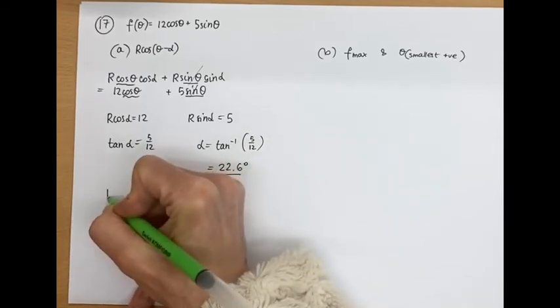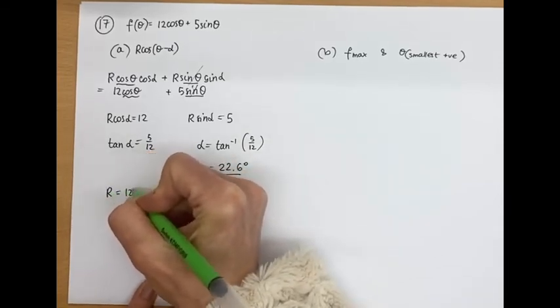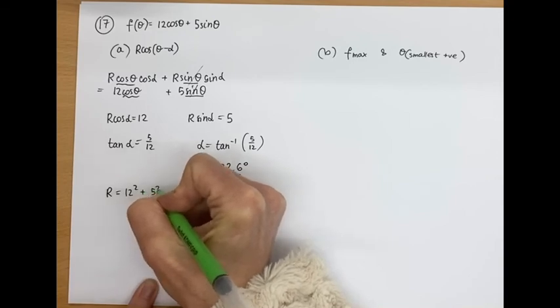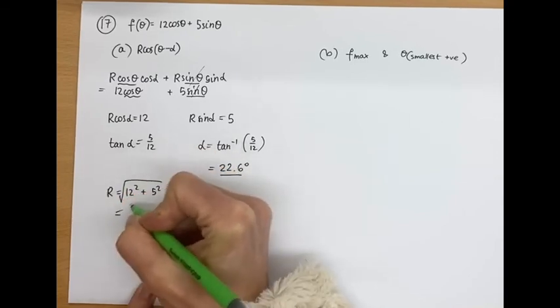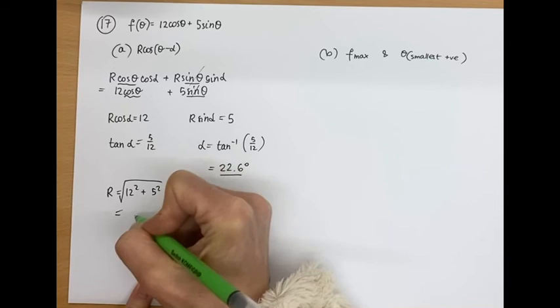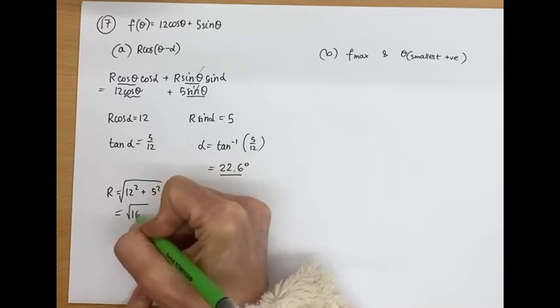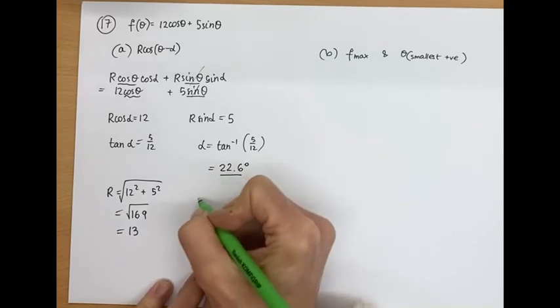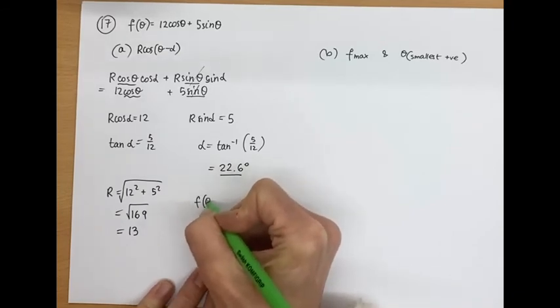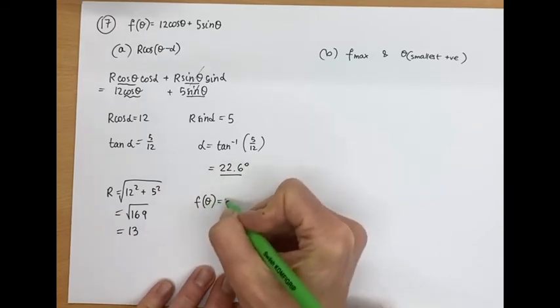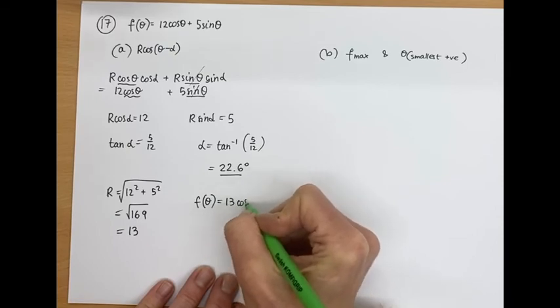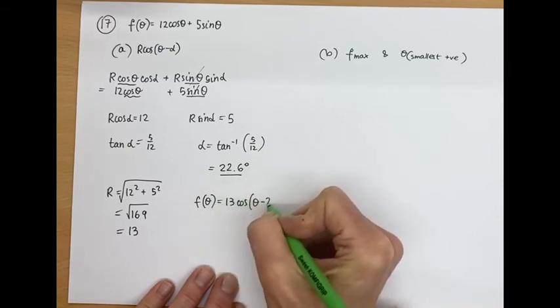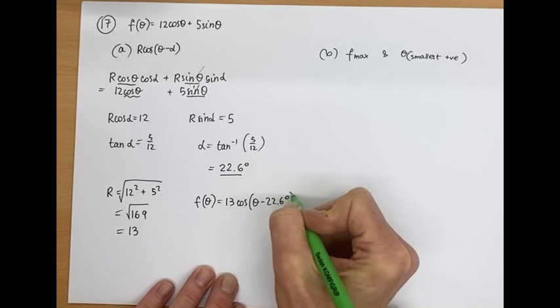So just need to find r, 12 squared plus 5 squared. Square rooted, that is 144 plus 25, square root of 169, which is 13. So our function f of theta can be rewritten as 13 cos theta minus 22.6 degrees.